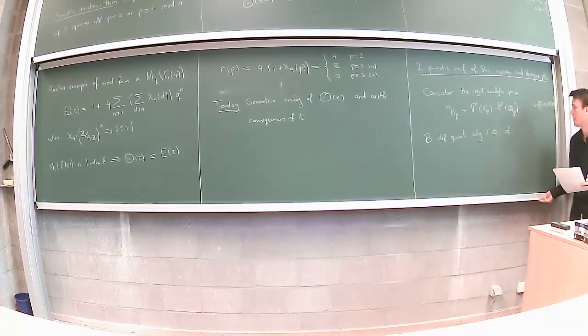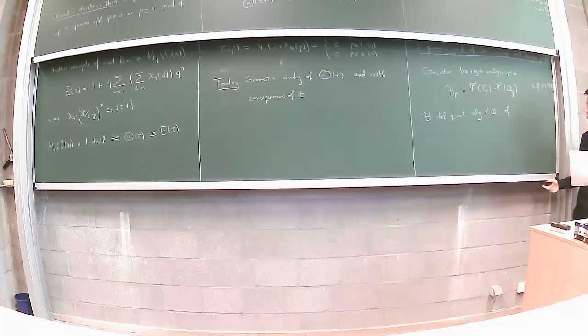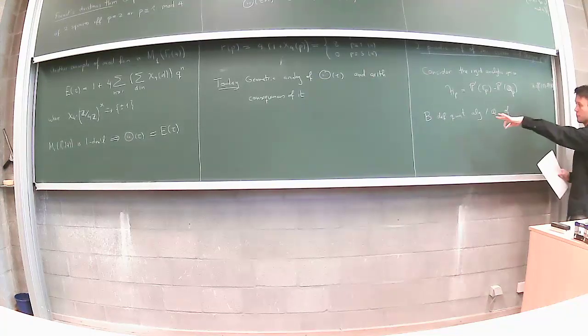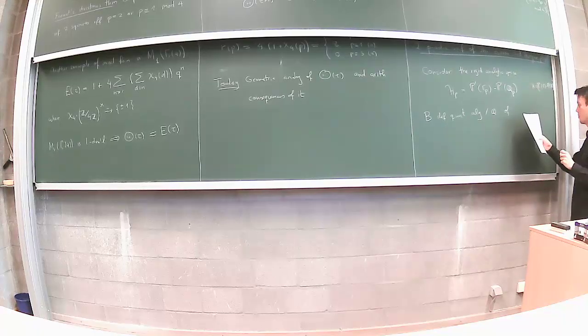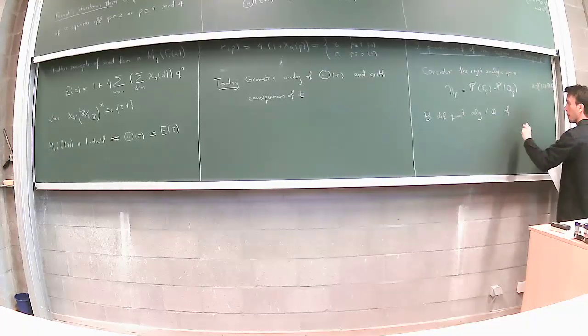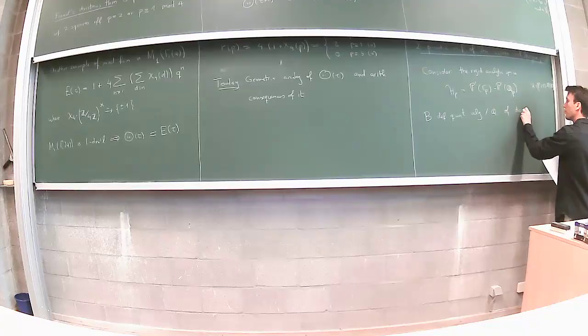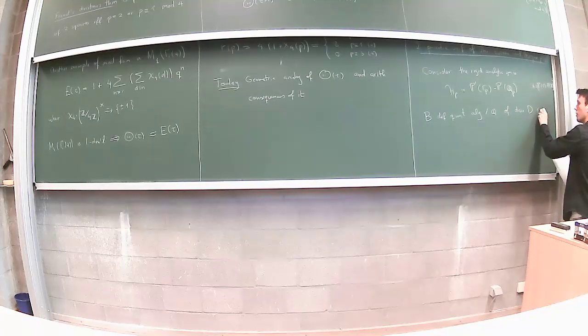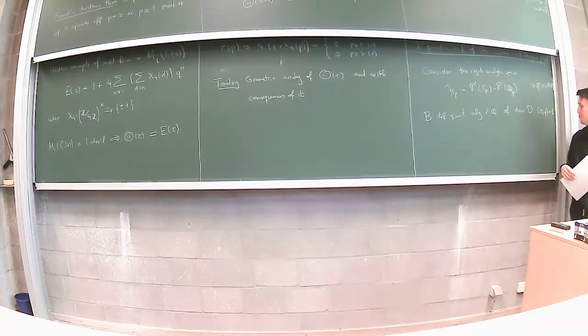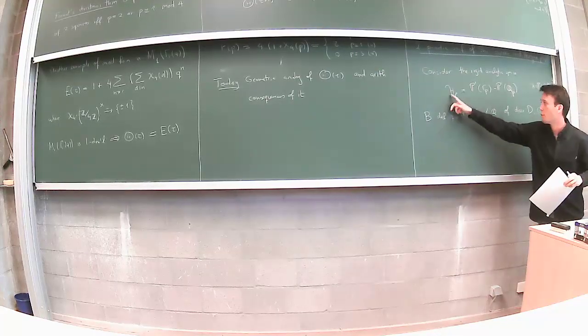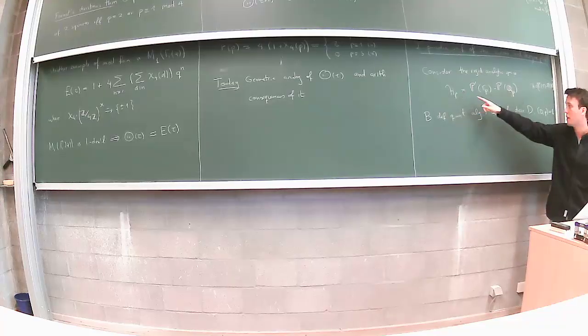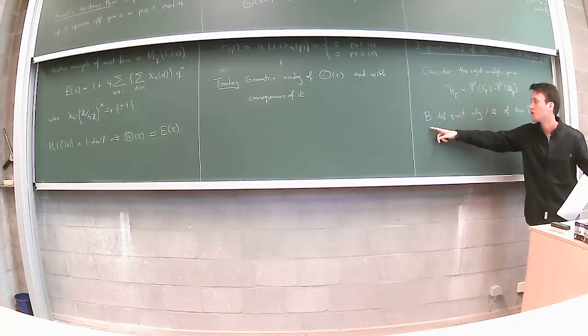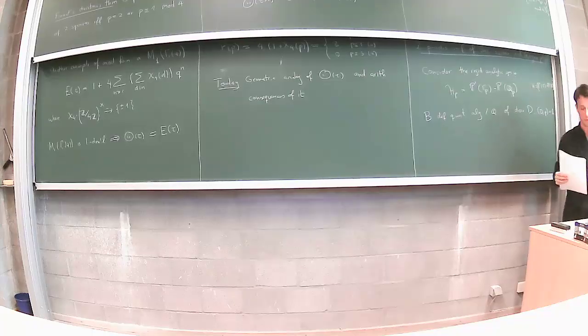Yeah, so it's the completion of the rational numbers with the p-adic metric. So we take B, a definite quaternion algebra over Q of discriminant D with p dividing D. And the type of groups that will act on H_p will be some groups of units of orders in B.